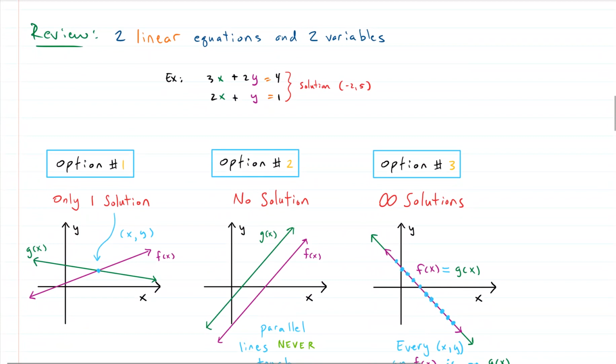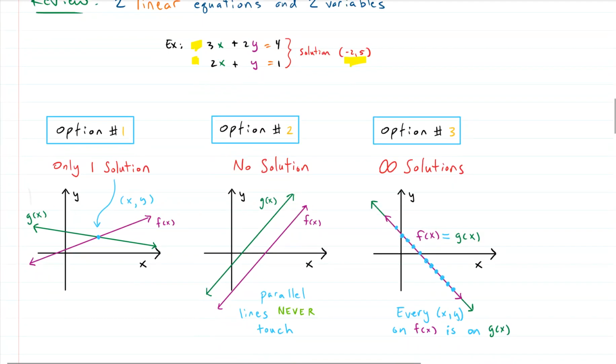So here's your review for linear equations in two variables. You can see we have two equations here. They represent lines. This specific system touches at one spot, the xy coordinate -2, 5. So that's the solution to that system.